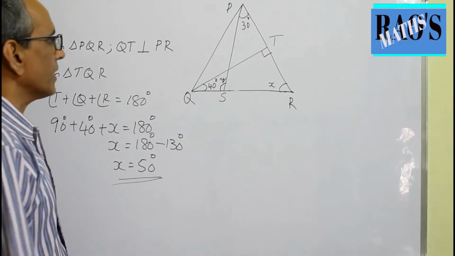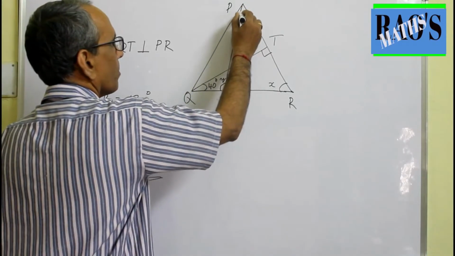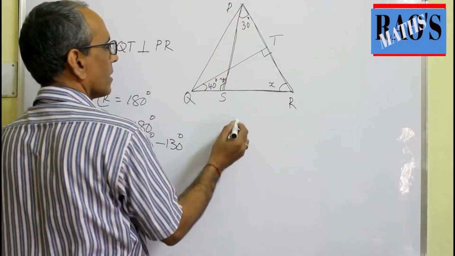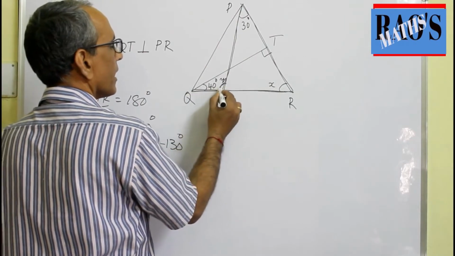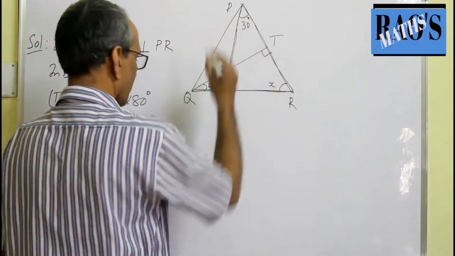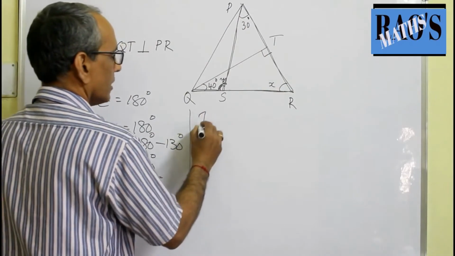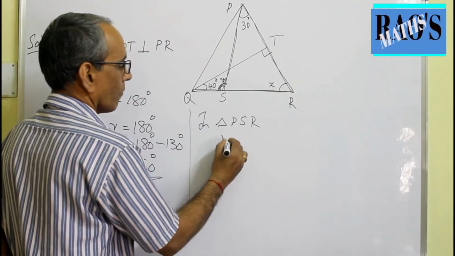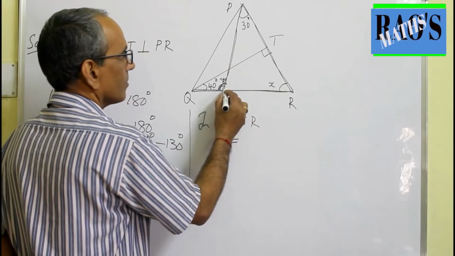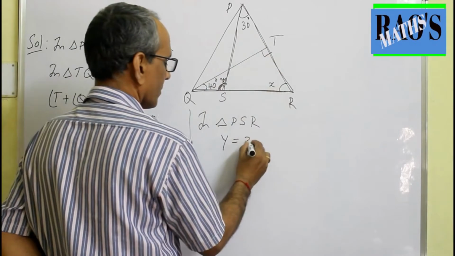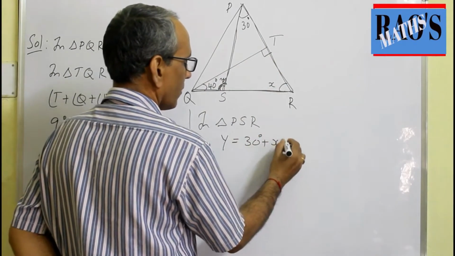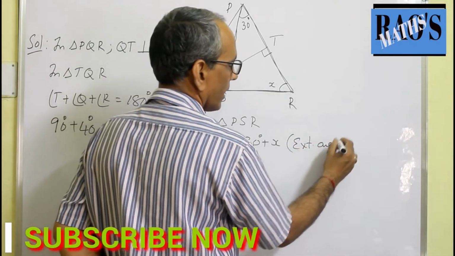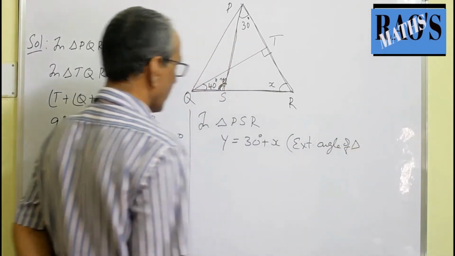Okay. Now I take this triangle PSR. In this PSR, this is the exterior angle of PSR. Now, in triangle PSR, Y is 30 plus X. Y is the exterior angle of triangle, which triangle?